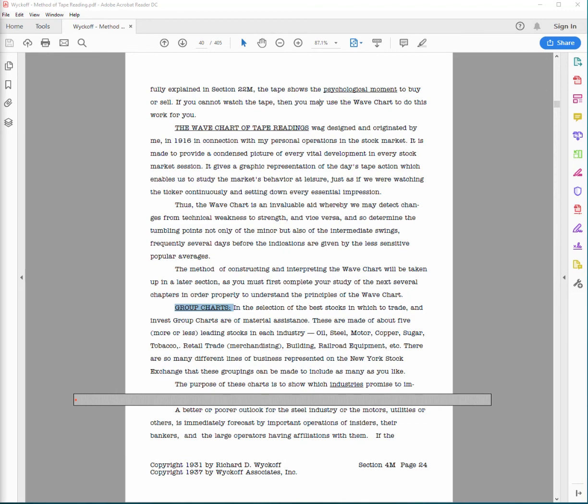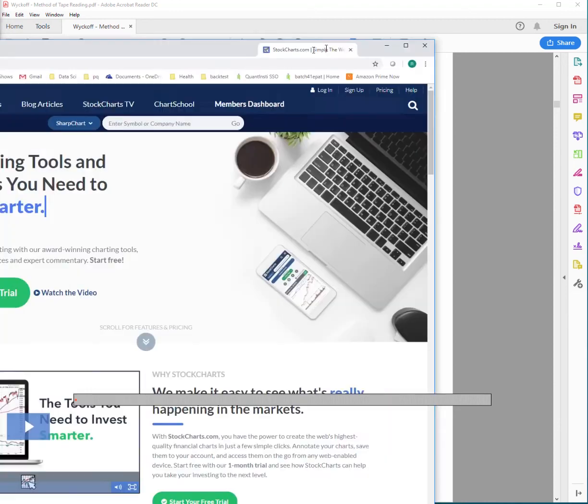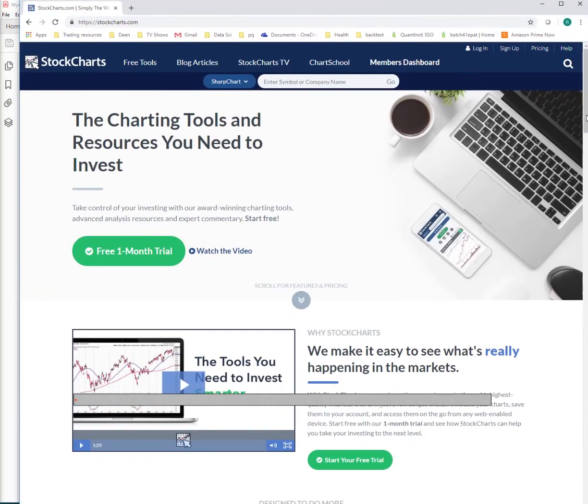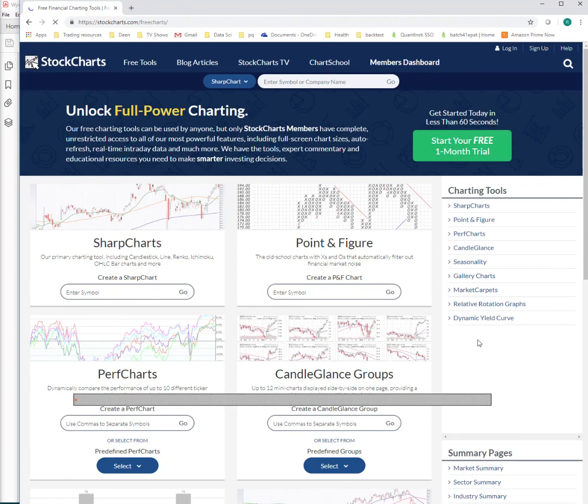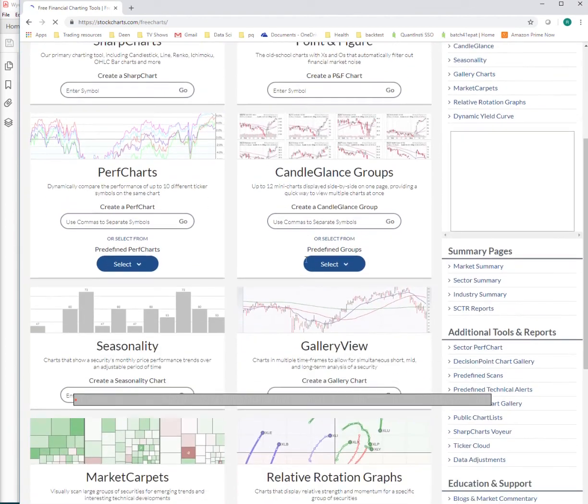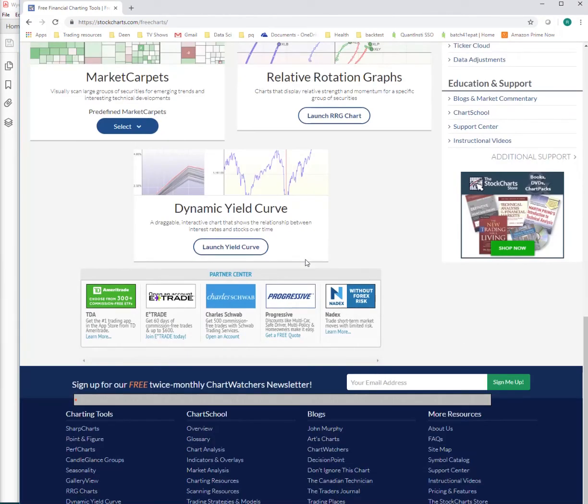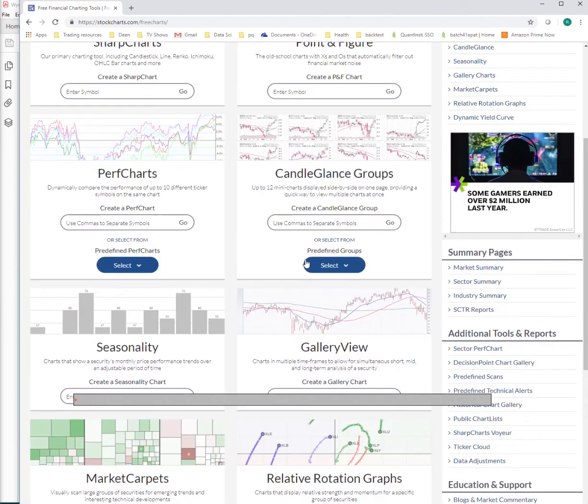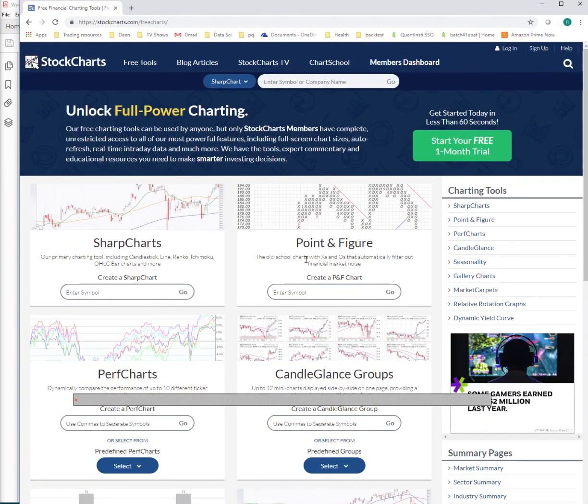Let's see. So you go to, for example, stockchart.com. Free tools. Where is their stuff? They must have a daily summary somewhere.